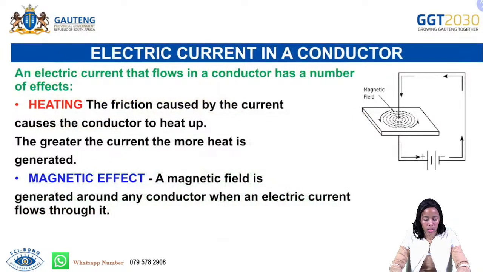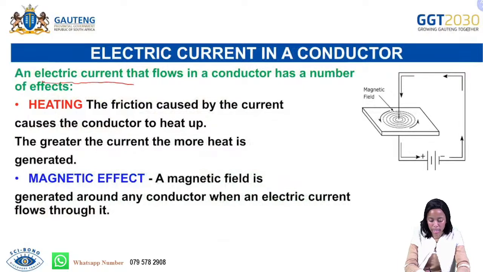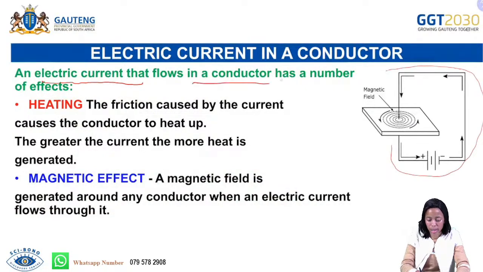Okay. So it says here, an electric current that flows in a conductor. So we have an electric current that is going to be flowing in a conductor. With the word conductor, we mean an electric current flowing in a wire.